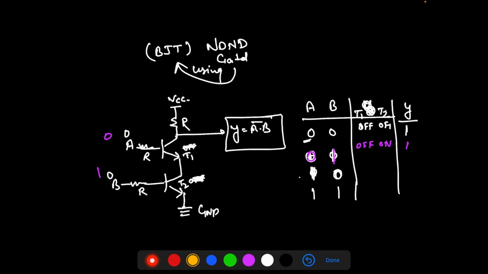And for the third case, if this input is 1 and this is 0, then T1 is on and T2 is off, then also current is not flowing through.